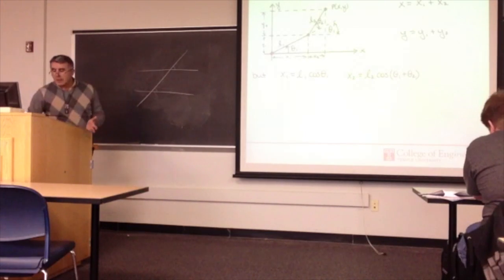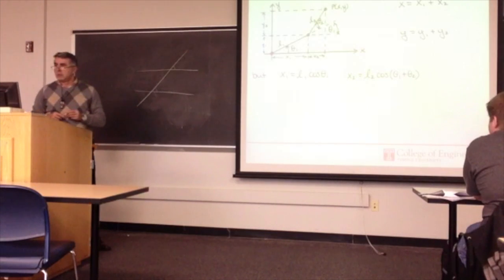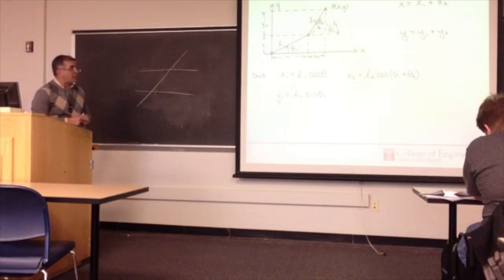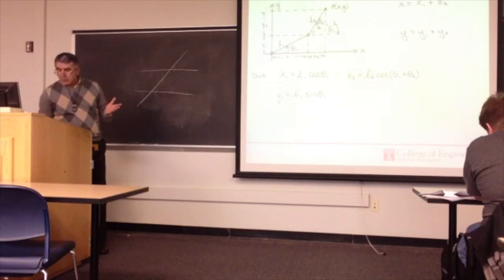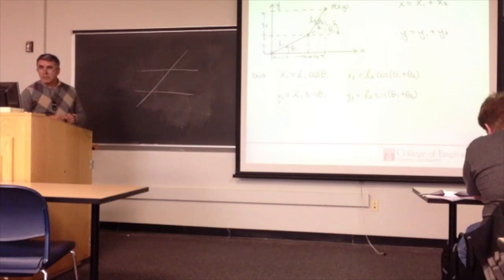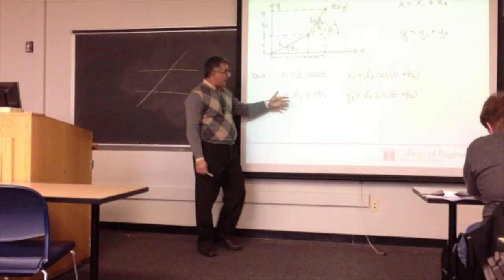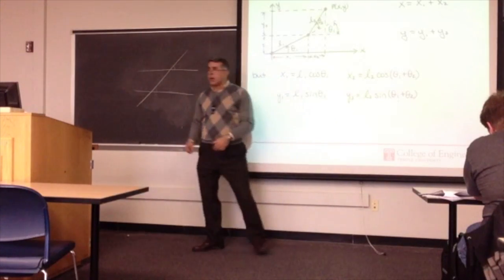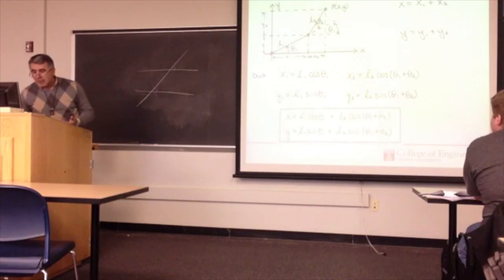What about y? What is y1 equal to? There you are. L1 sine theta 1. And what about y2? Okay? So now that I have x1 and y1 and x2 and y2, I can now find the x and y coordinates.